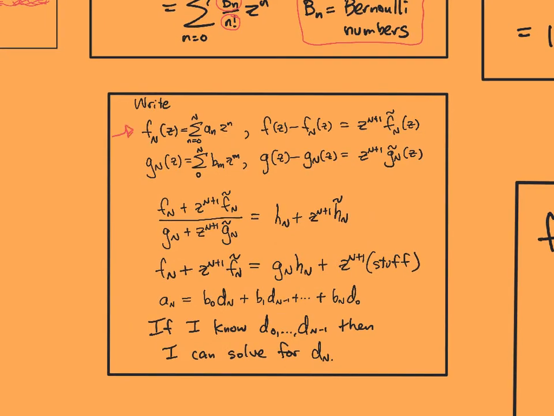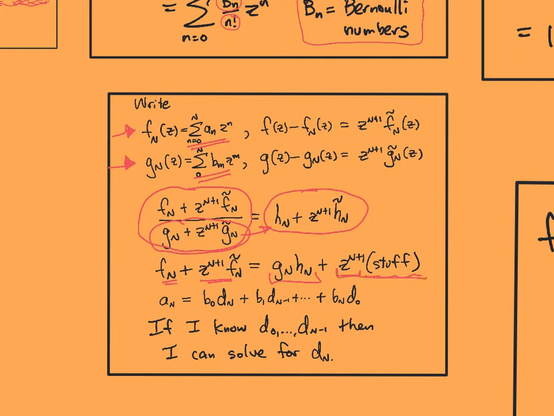So you write out f and g in terms of their starting polynomials, and then you look at this division, and it's equal to an analytic function, which we break up in the same way. But then when you multiply this denominator over to here, you'll get that fn plus this term equals gnhn plus this higher order analytic stuff.